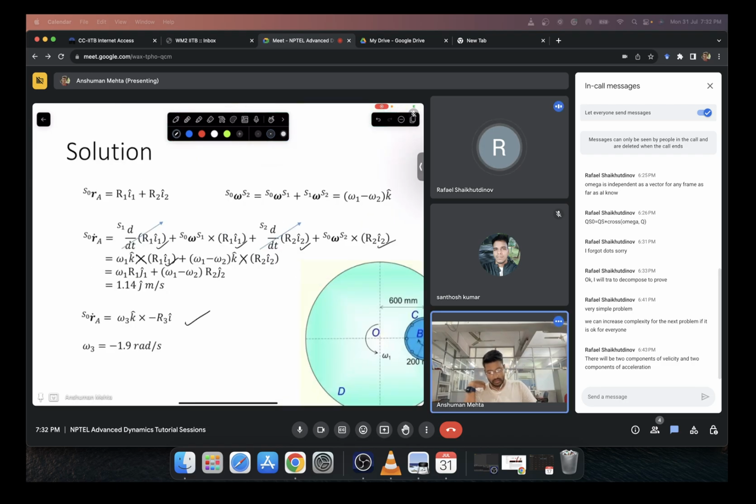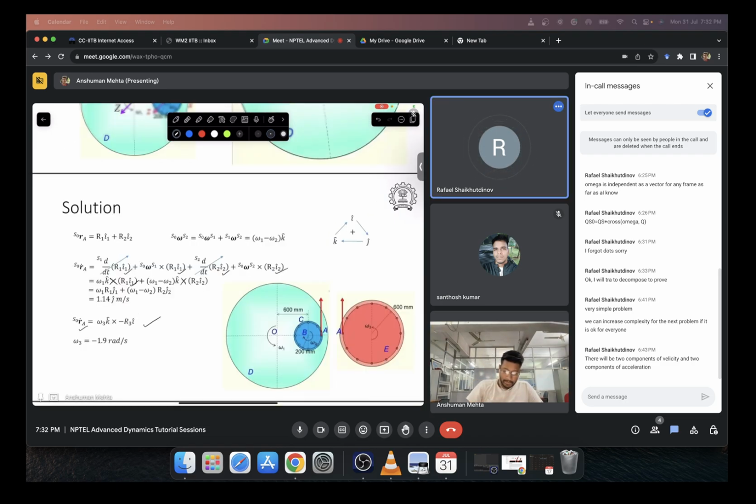This RA, these are the velocities, I think. This one, this expression.